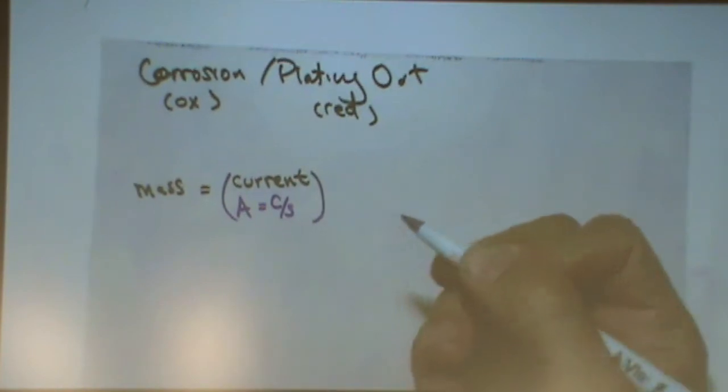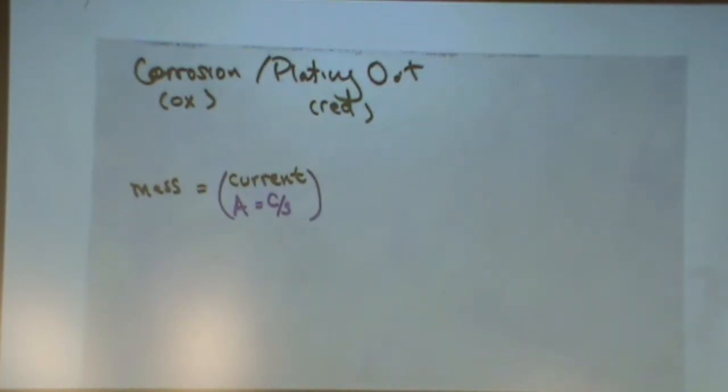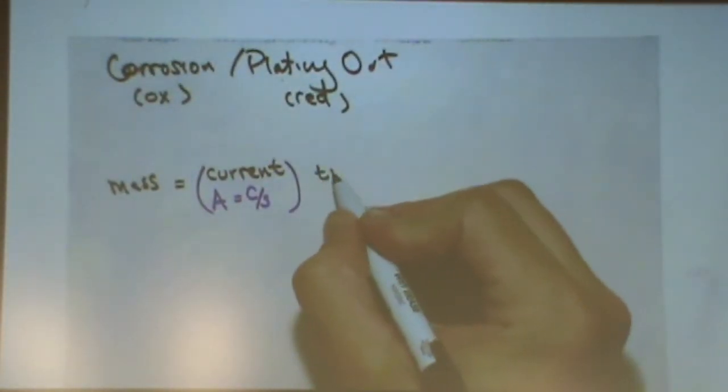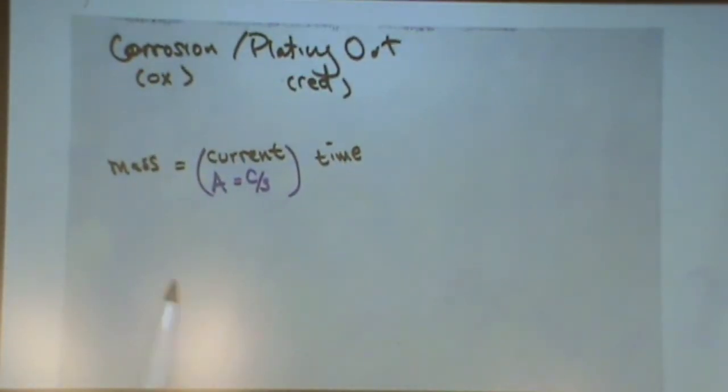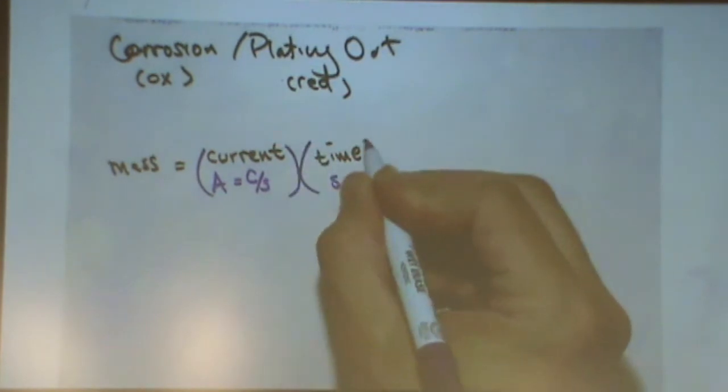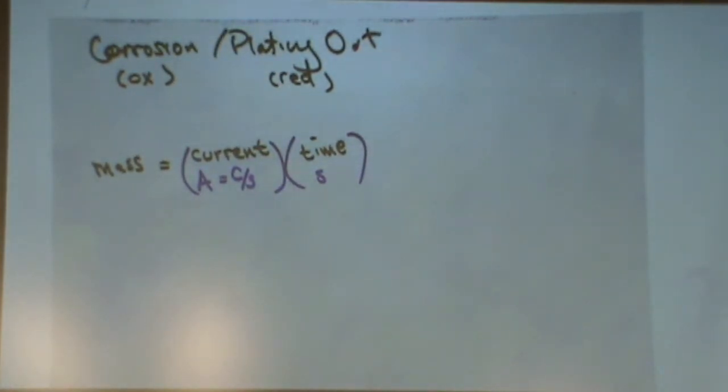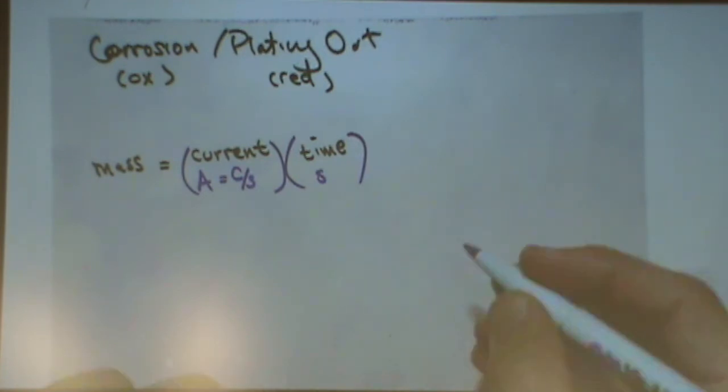You'd have to remember that by yourself. So often you'll have the current. You'll be given the time. Time you'd want to put in seconds, so that when you multiply the current and time you get coulombs. So you convert from amps to coulombs via this multiplication. Then there's a constant on the back of the exam to go from coulombs to moles.